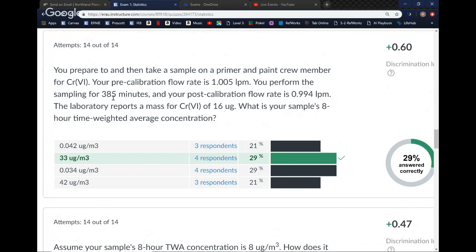Why are we doing these time and not this? For the time weighted average, we use 480. So the concentration of our sample is 41.6 micrograms per cubic meter, but that wasn't for a full 8 hours. To time weight it, we take the concentration multiplied by the time of our sample divided by the 480 minutes, and these minutes would cancel out.